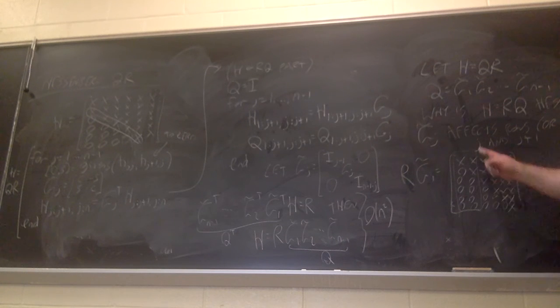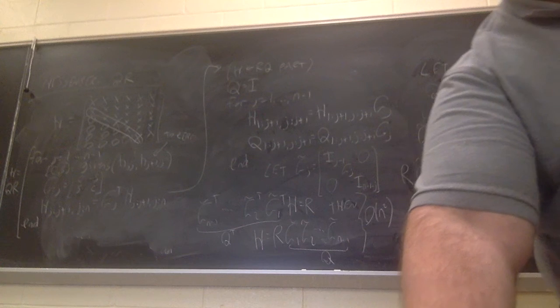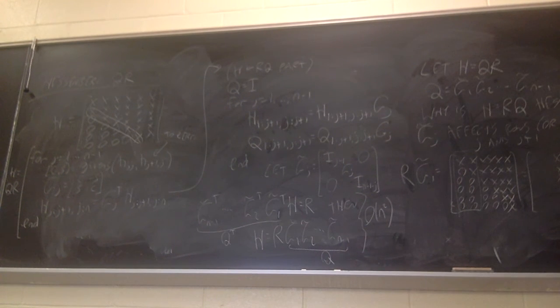So it's going to make each one of these columns a linear combination of these two. So the other columns will not be affected, so I'll just fill those in now. If I make each one of these two columns a linear combination of the first two columns, which entries could possibly be non-zero? What are the only ones that could possibly be?